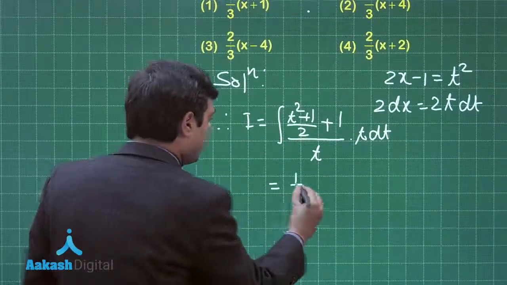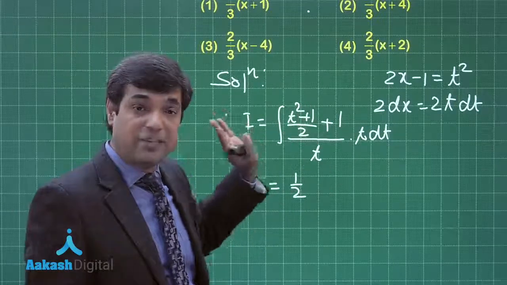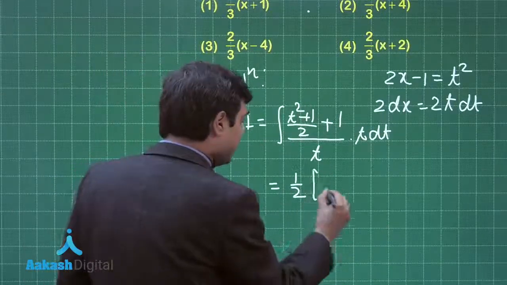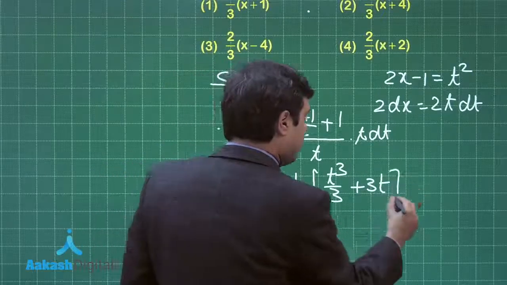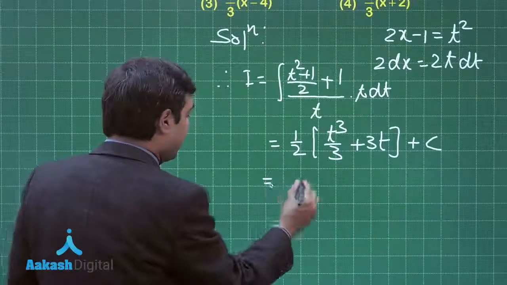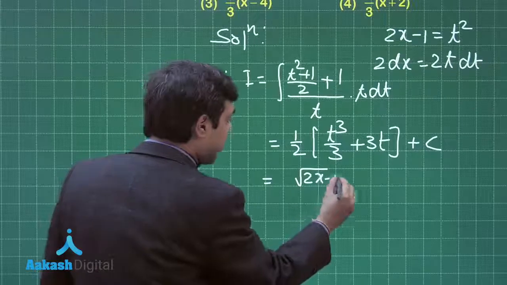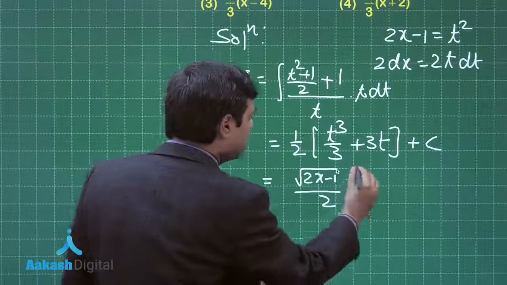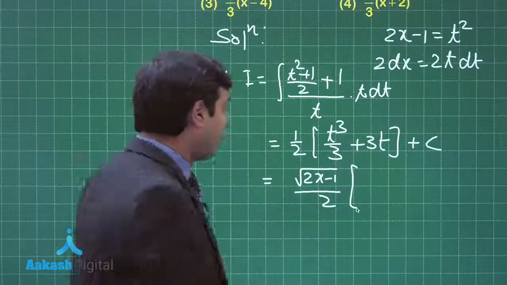This is equal to 1 by 2 times, t is cancelled. We are left with t square plus 3 inside. So integrating, we have t cube by 3 plus 3t plus constant of integration. We can take t common and we can write it as t is actually root of 2x minus 1. So let's take t common. We are left with t square by 3 plus 3.